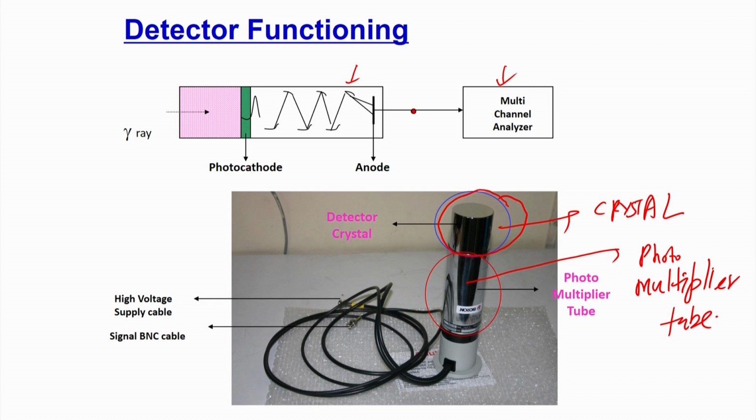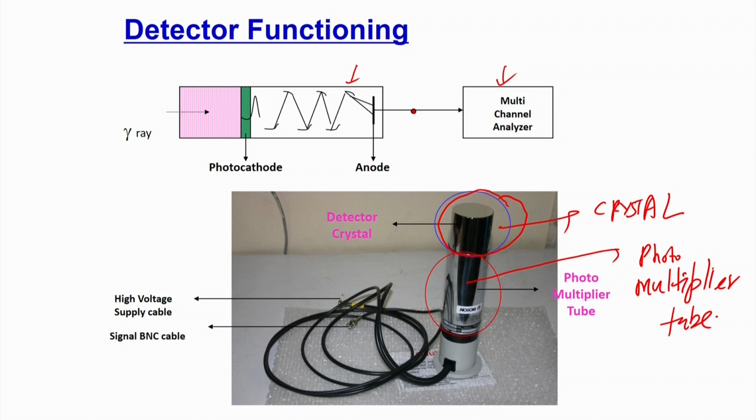We know that once the gamma ray is absorbed in any material or any crystal, the crystal electrons go to excited states because they got certain energy. Once they come back from that excited state, they emit a photon, a photoelectron, and that photoelectron is converted at the photocathode to generate an electron.